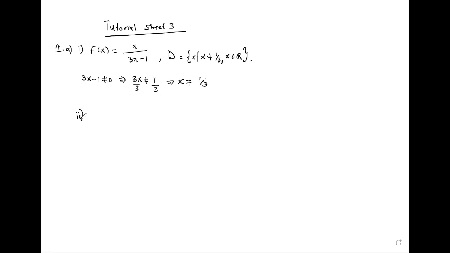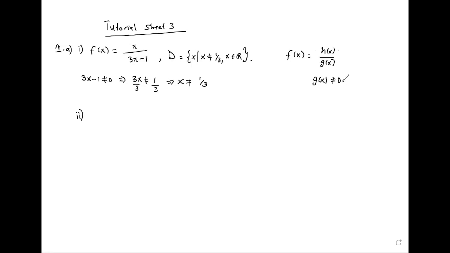2. So at each point, you must be recalling the types. Remember, this is the one that we called f of x equal to h of x over g of x. And we emphasize that g of x should not be equal to 0.